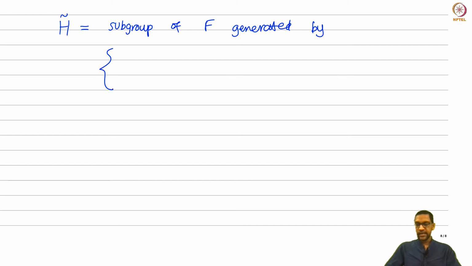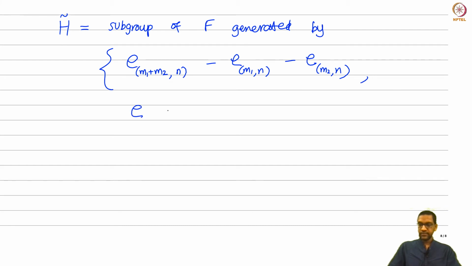Take all elements of the form e of (m1 plus m2, n) minus e of (m1, n) minus e of (m2, n), and what other elements should I take?